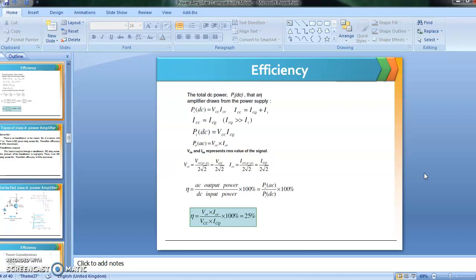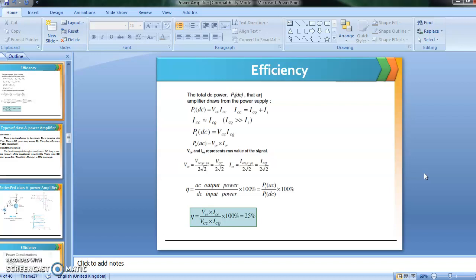That is, ICE is equal to peak current divided by the square root 2 because the output current has the full cycle. So ICE, that is the AC current, is equal to the RMS current, that is maximum current divided by the square root 2. Here Im is equal to Ipp, that is peak to peak current divided by 2. So peak to peak current is equal to ICQ divided by 2 square root 2.